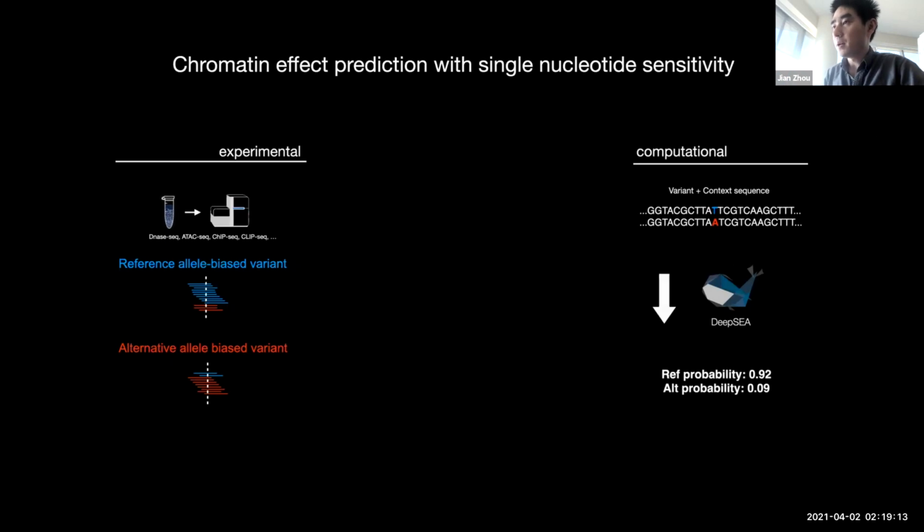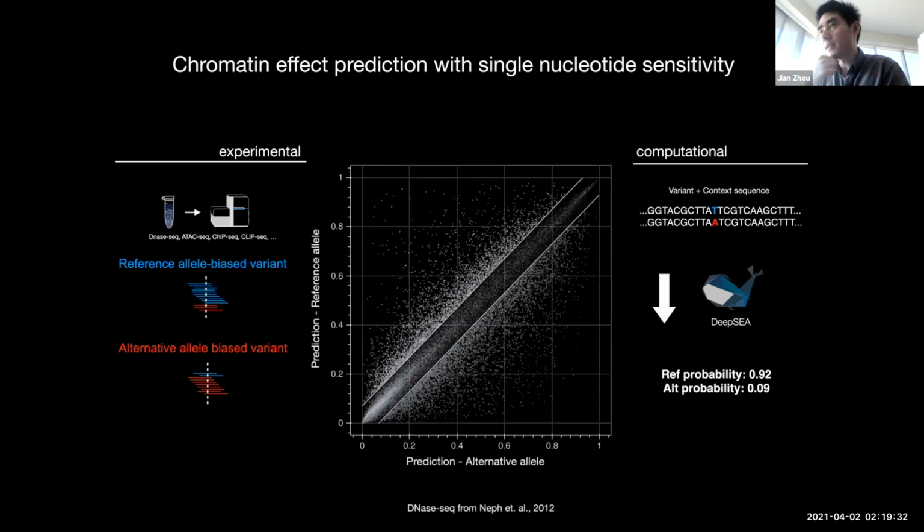So we can just give the model the sequences that carry this variant and predict the DNA sensitivity for the reference allele and the alternative allele. And with the model prediction, we can now compare with our experimental results, right? So we visualize it using this plot, where on the x-axis, we plot the prediction for the alternative allele, which is in probability scale, so it's from 0 to 1.